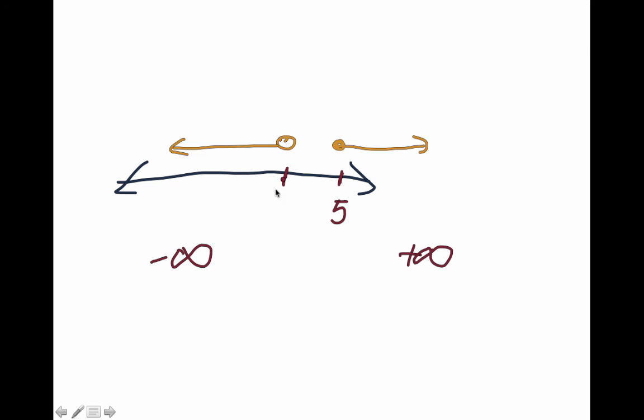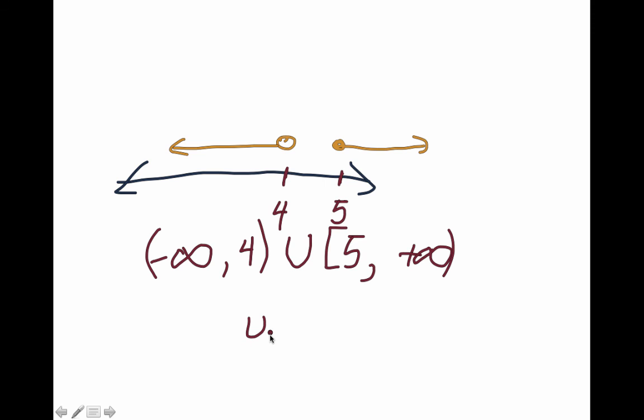Call this a value of 4. This would be a comma 4. Can't be 4, so parenthesis. This would be a 5, and it can equal 5, so a bracket and a parenthesis. We want to say it's these two intervals together, so we use a U for union, which I think you may have seen in your study of sets and IB math.